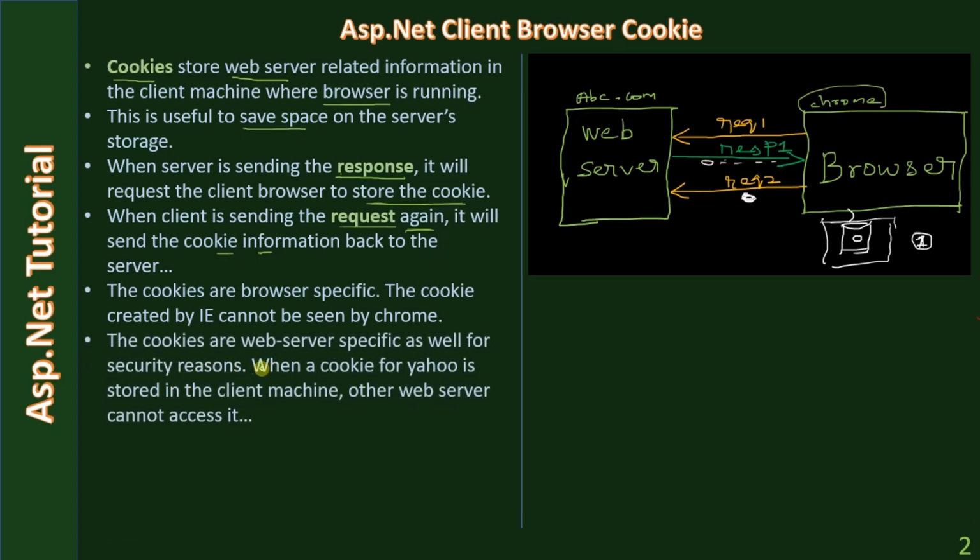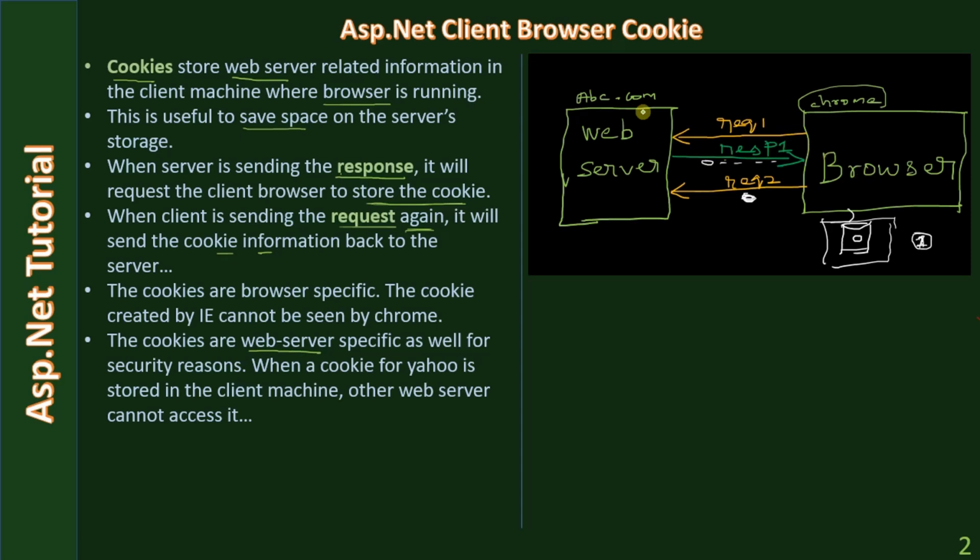The cookies are web server specific as well, for security reasons. When a cookie for Yahoo is stored in the client machine, another web server cannot access it. Here we are talking about abc.com on Chrome, right? So it stores cookies specific to abc.com in the Chrome browser.